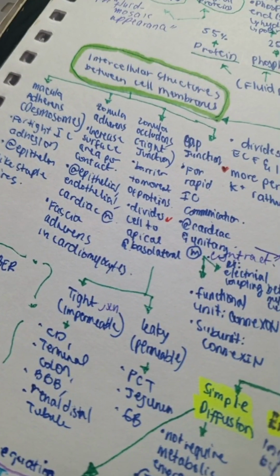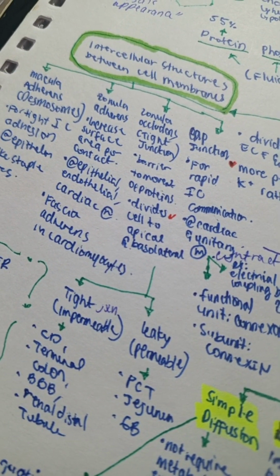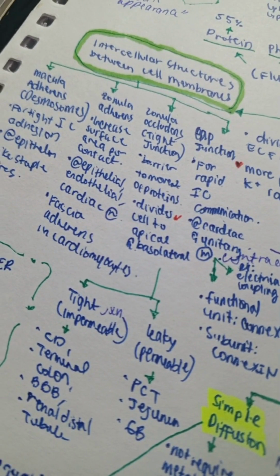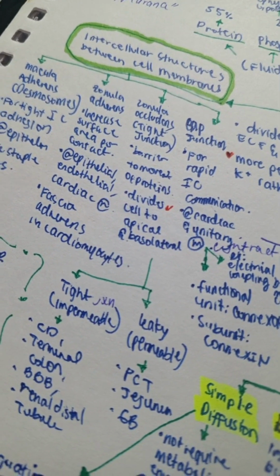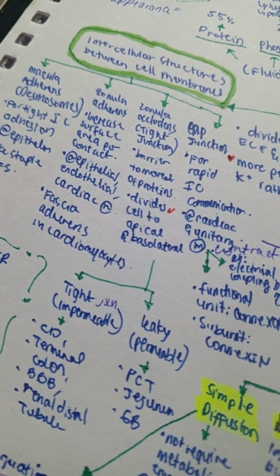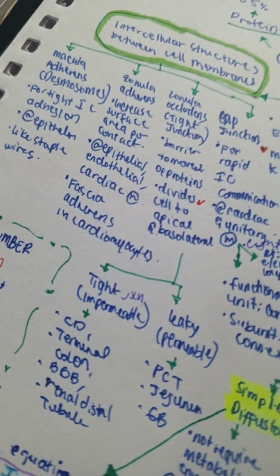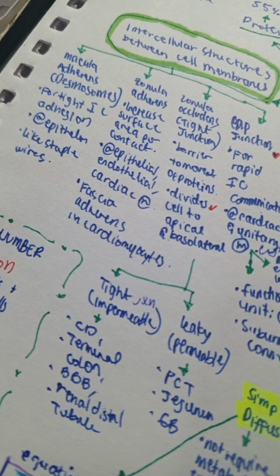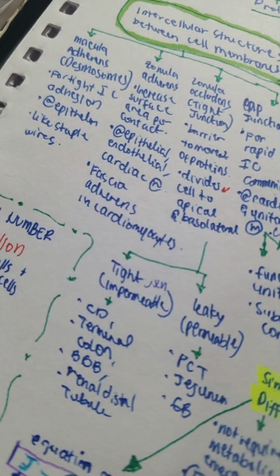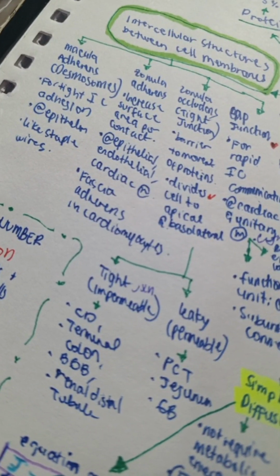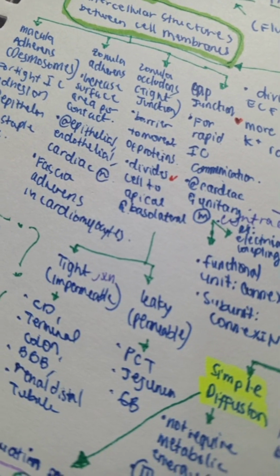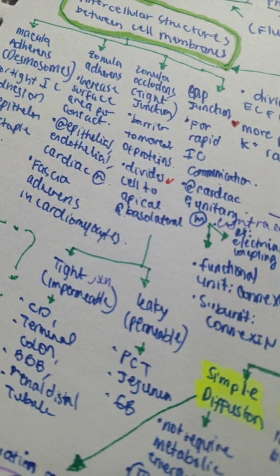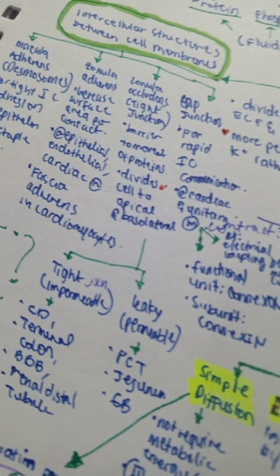And it has two types: the tight junction, which is impermeable, and the leaky zonula occludens, which is permeable. The tight junction is found in the collecting duct and terminal colon, the BBB or blood-brain barrier, and the renal distal tubule. However, the leaky, permeable type is found in the proximal tubule, jejunum, and gallbladder.